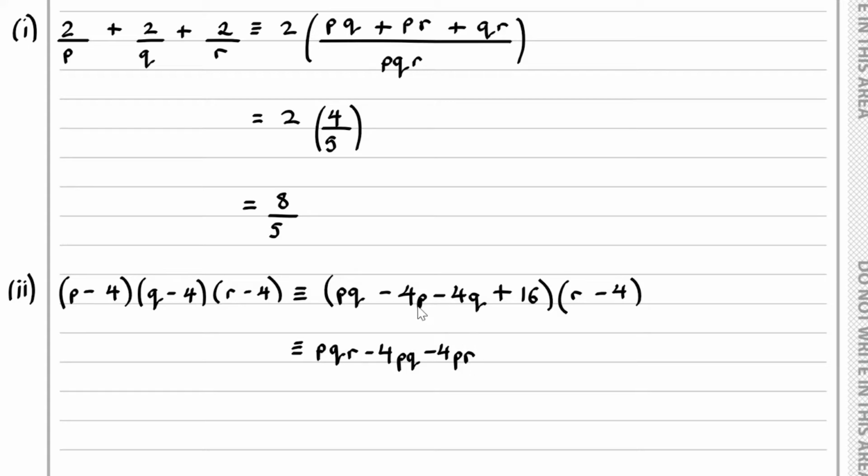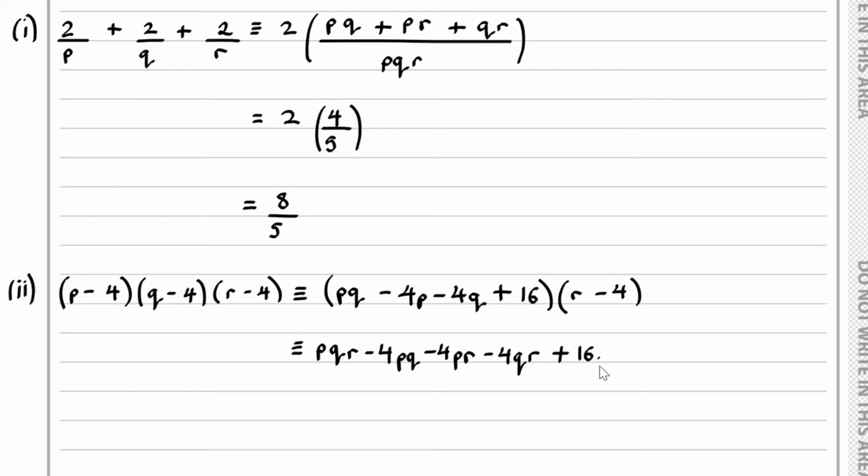And then we have this times by this, so we have minus 4pr, and this times by this, so we have minus 4qr, and then we have 16 times by r, and then minus 4p times by minus 4, and minus 4q times by minus 4.